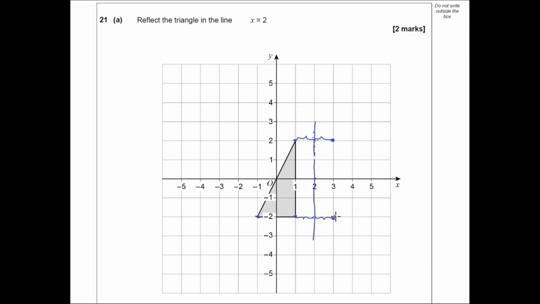We have the second point here. While for this one, you see 1, 2, 3, the distance is 3 to the mirror, so we get 1, 2, 3 from the mirror, 3 steps away. So this is our reflected triangle.